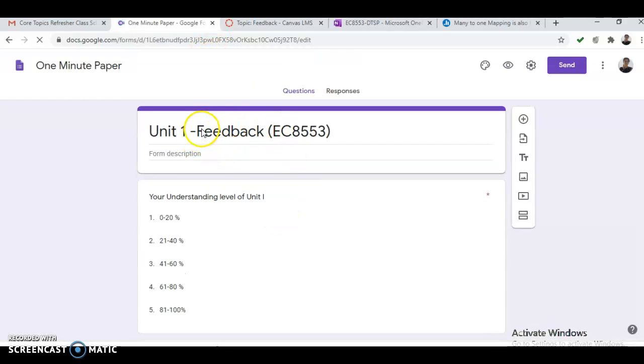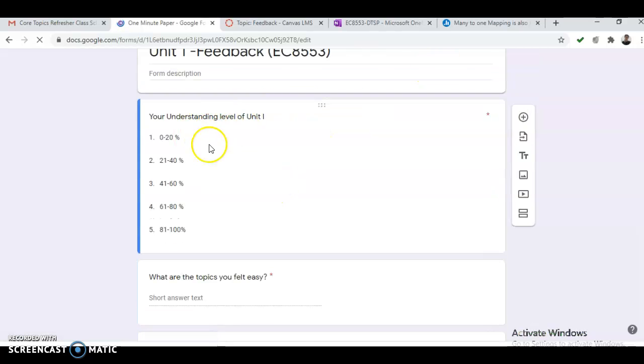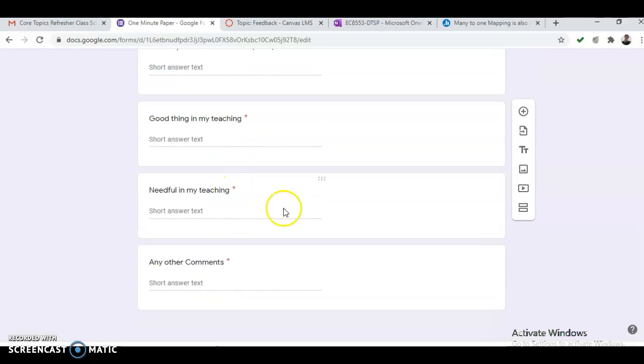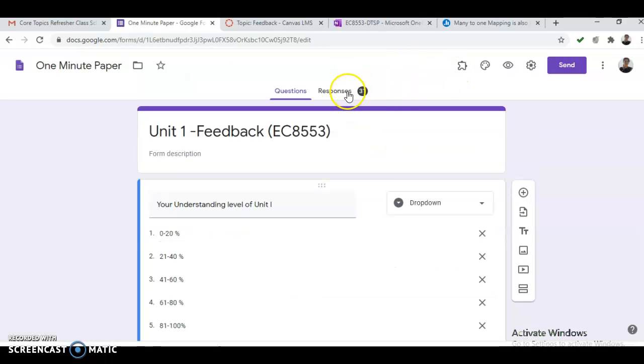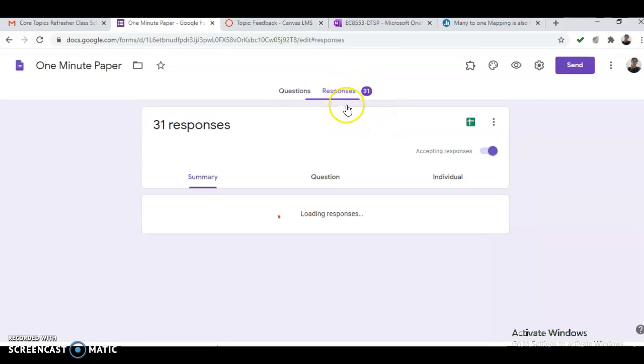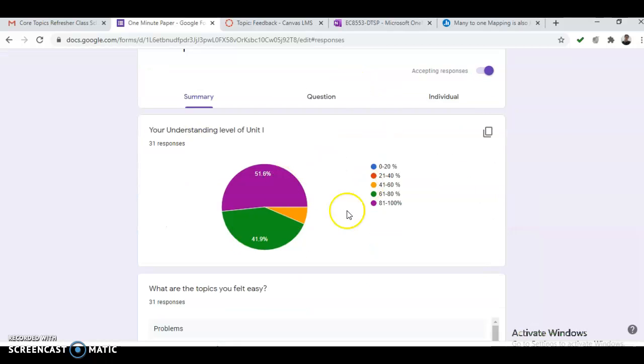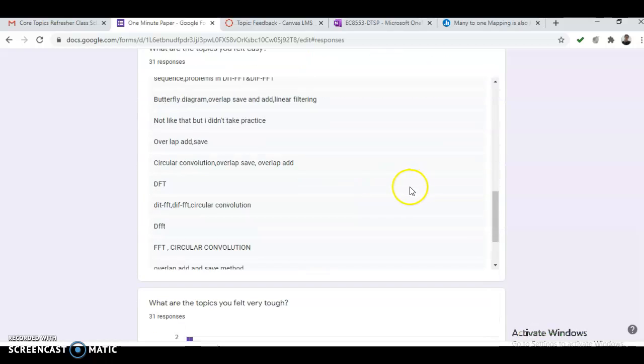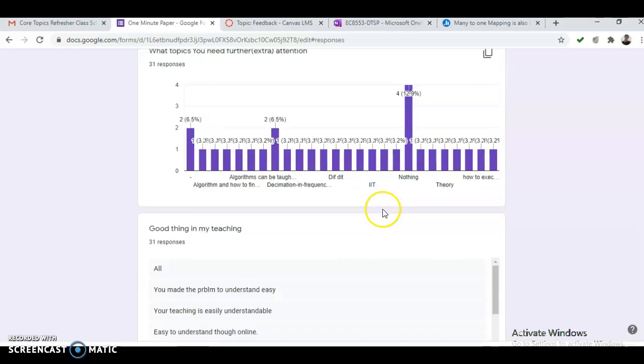At that time I used this Google Form as a unit 1 feedback. I asked some questions related to the modules, the first unit. The students gave a good response. Out of 36, 31 actively participated in this Google Form. Most of the students gave nice feedback, and I also got positive replies from the students.